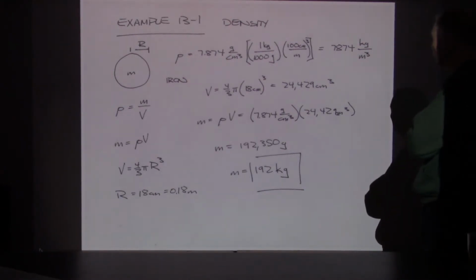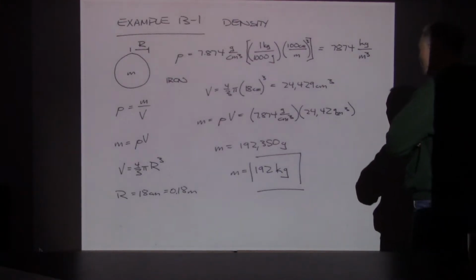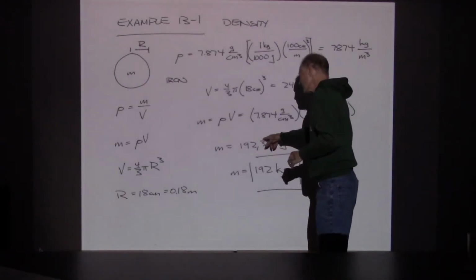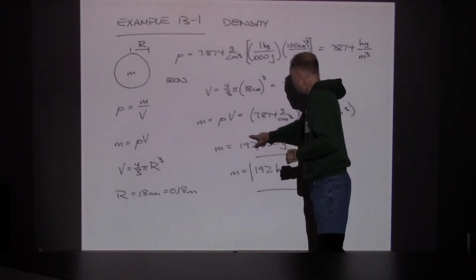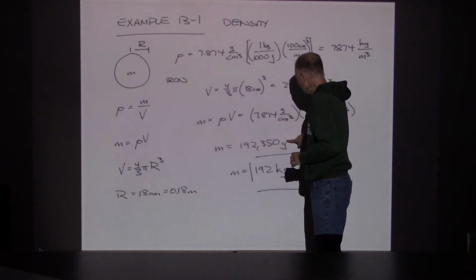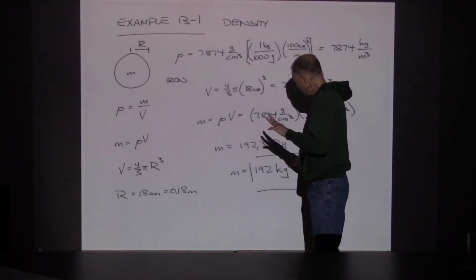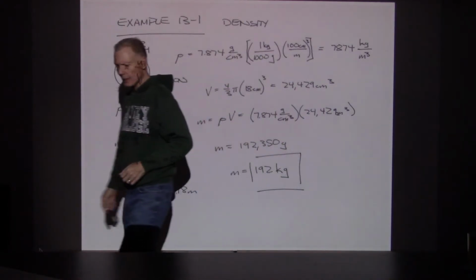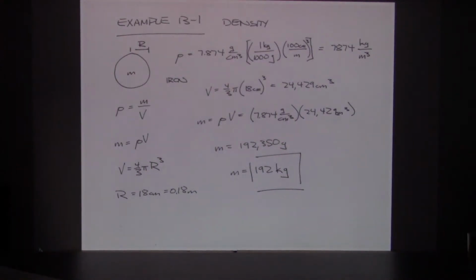What we're left with are grams. Now this worked out to be 192,350 grams. I kept too many sig figs, I apologize. I rounded to 3 sig figs as 192 kilograms for this iron sphere.